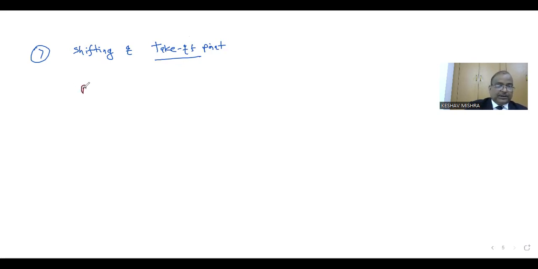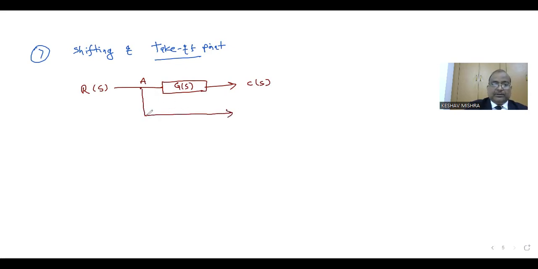Suppose input is Rs. From this point A, input is applied to a block with transfer function Gs. The resultant output is Cs. And from this point A, the signal is given to another system, so obviously that output is Rs.